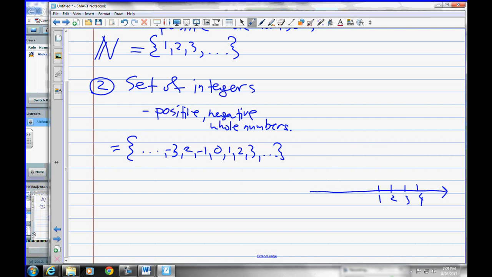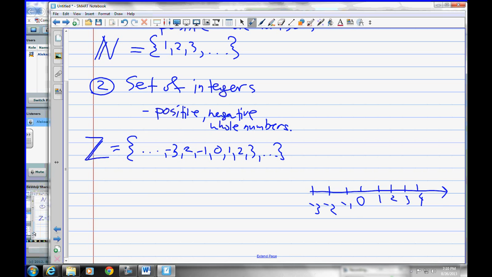The special letter that represents the set of integers is a big Z with a kind of a twist. Okay? So big Z is the set of integers. And if I put them on this number line, in between you've got fractions.